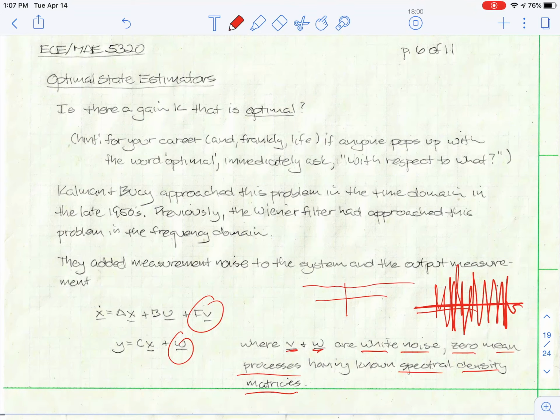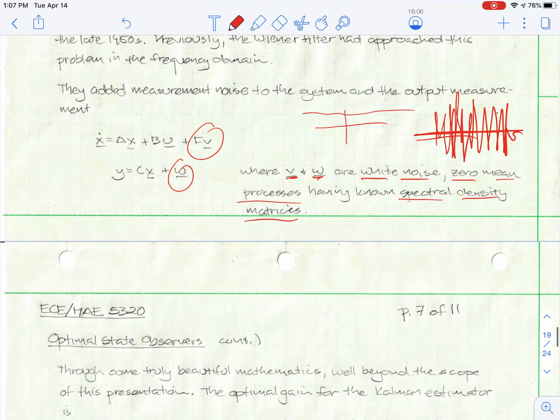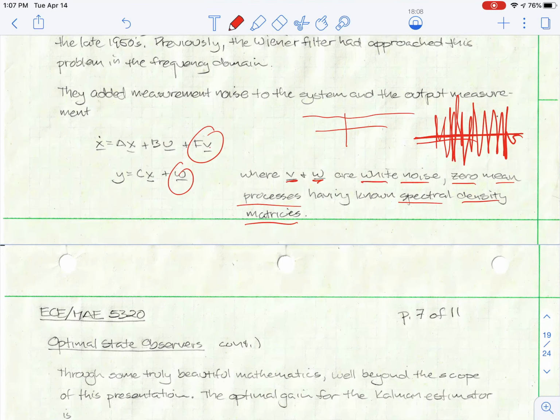Those are all the requirements that Kalman and Bucy put on this specific filter. And so if that's true, adding these processes just means that my processes have additional noise, and this is a process noise, and this is a measurement noise.